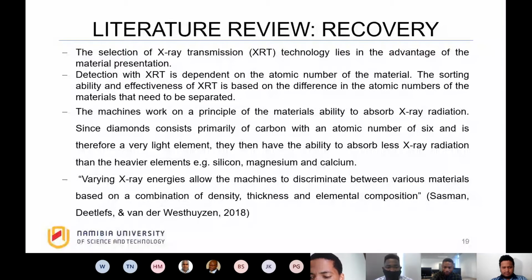Varying your X-ray energies allows the machine to discriminate between various materials based on a combination of density, thickness, and elemental composition. This was said by Sussman, Detlefs, and van der Westhuizen.